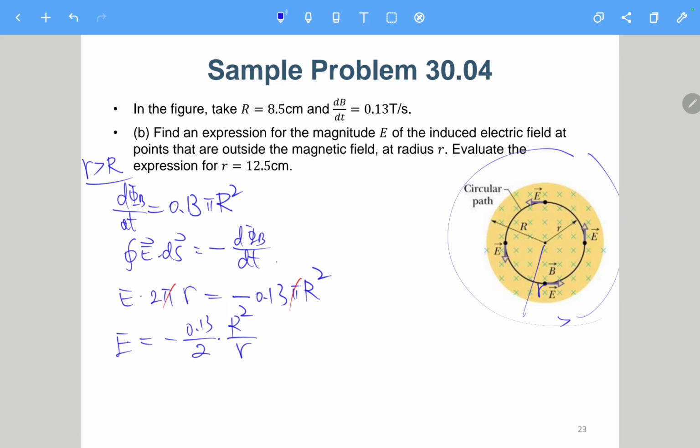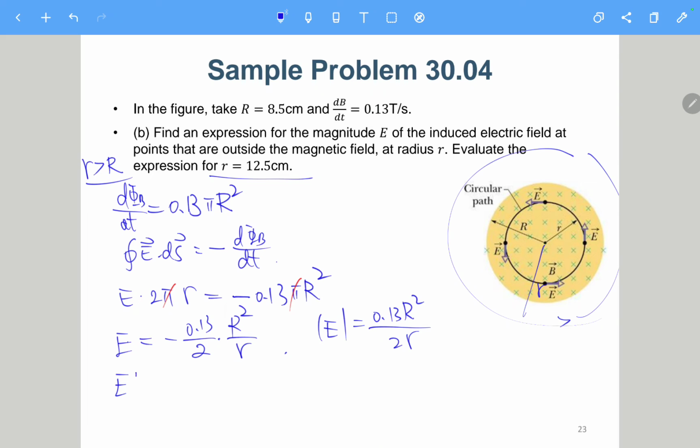Okay, so here we try to evaluate it with this value of r. The absolute value of E is 0.13 R squared over 2r.